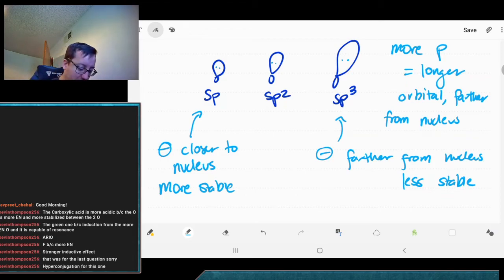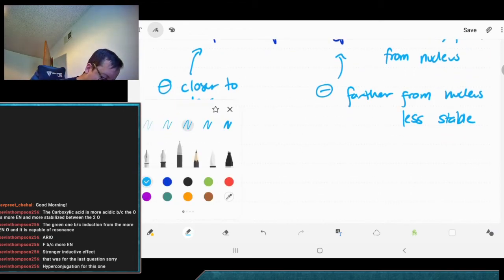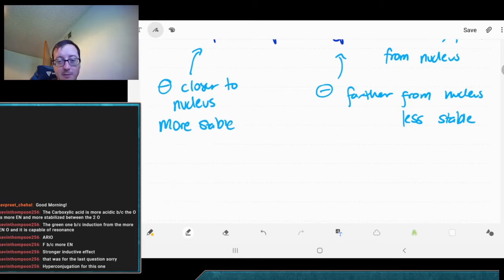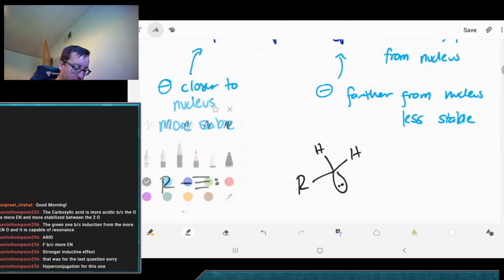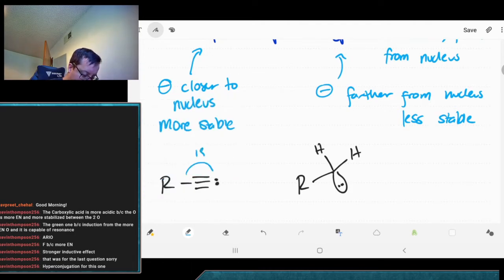But if we look at geometry, again, I'm going to just focus on the extremes. The sp2s are in the middle. We know this angle is 180 degrees.